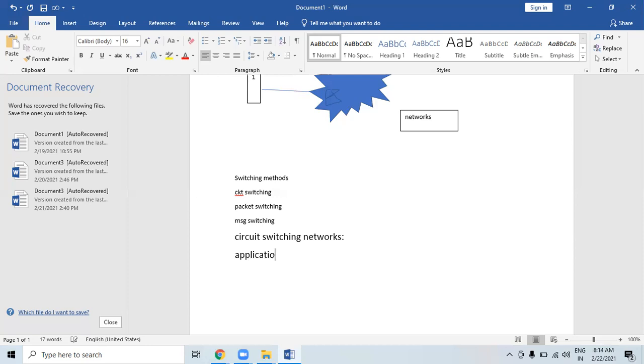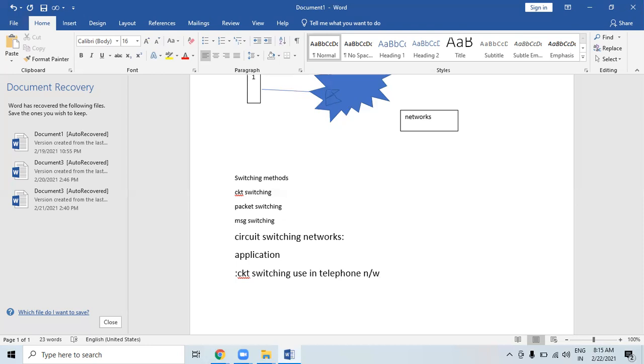Application, that is circuit switching, using telephone networks.